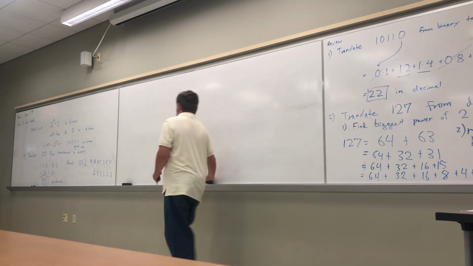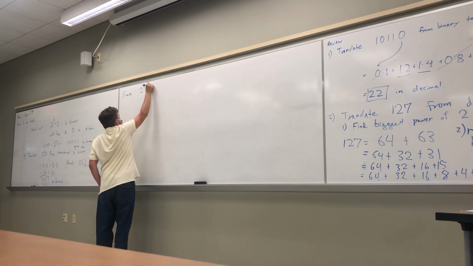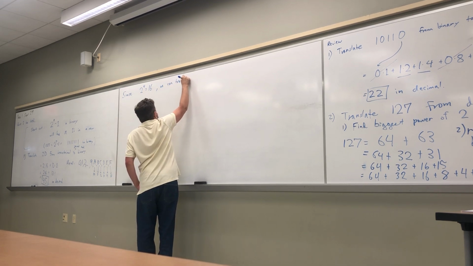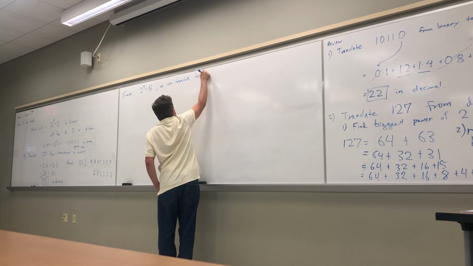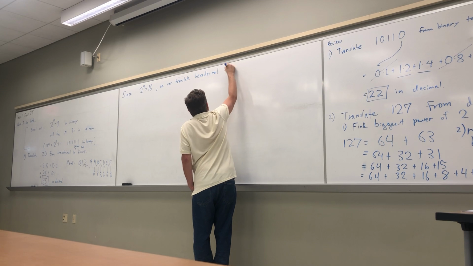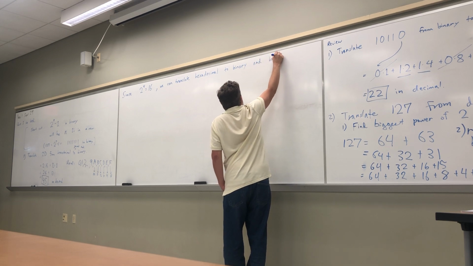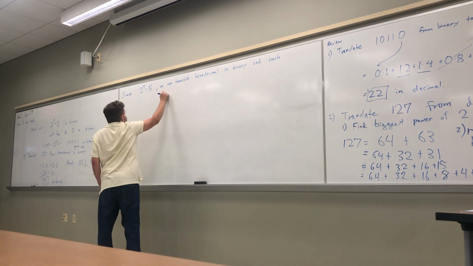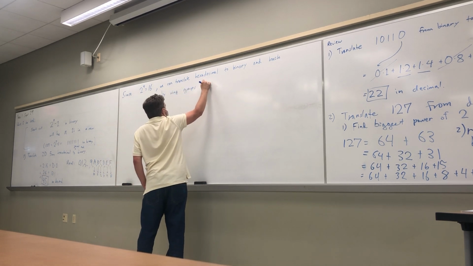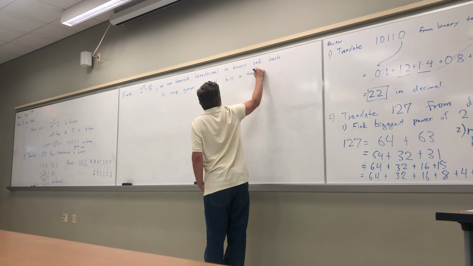Since 2 to the 4 equals 16, we can translate hexadecimal, I'm going to start abbreviating that with just hex, to binary and back by just using groups of 4. And it'll be groups of 4 bits in the binary number.